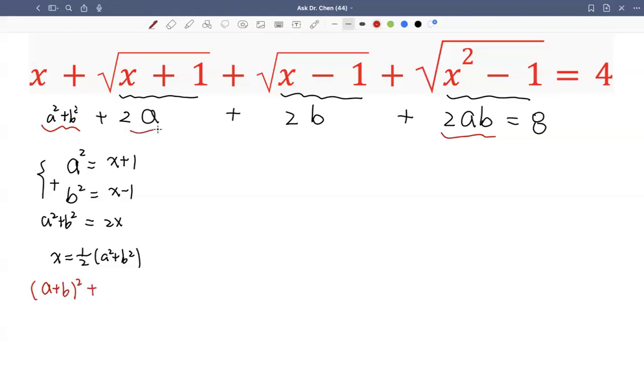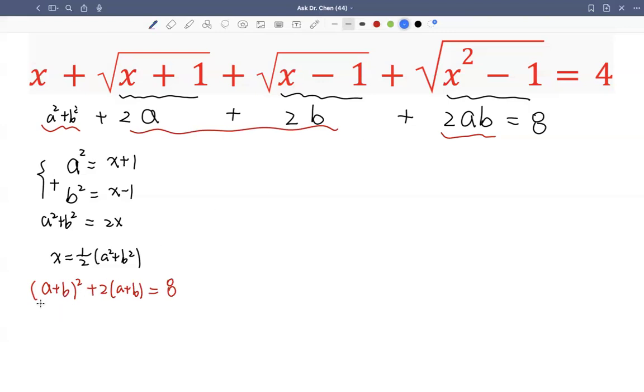Then plus 2a plus 2b, let's factor out 2. So 2 times a plus b, that equals 8.